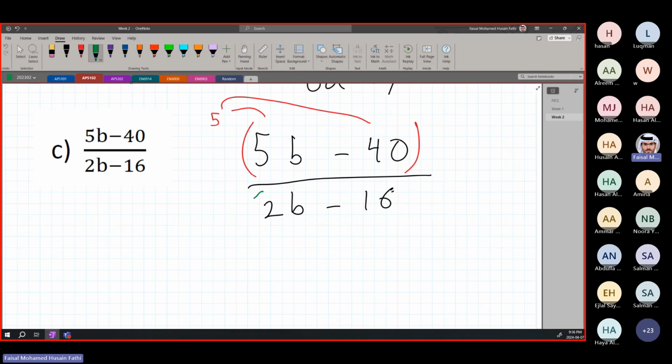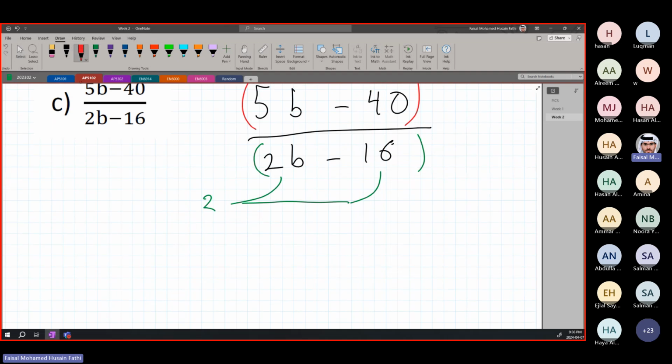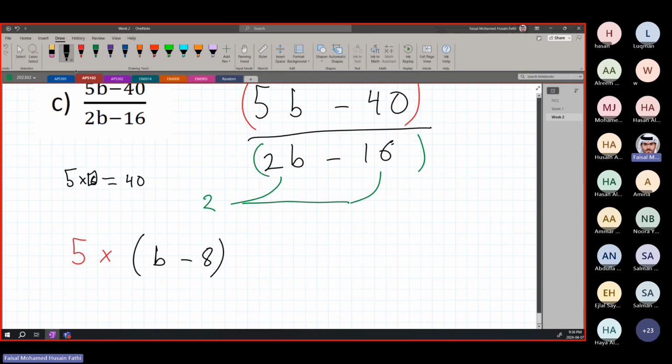So what will we be left with? 5 times, 5 divided by 5 is 1, so it's just b, minus, 5 times what gives you 40? 5 times 8. So we're left with 8. b minus 8 up here.